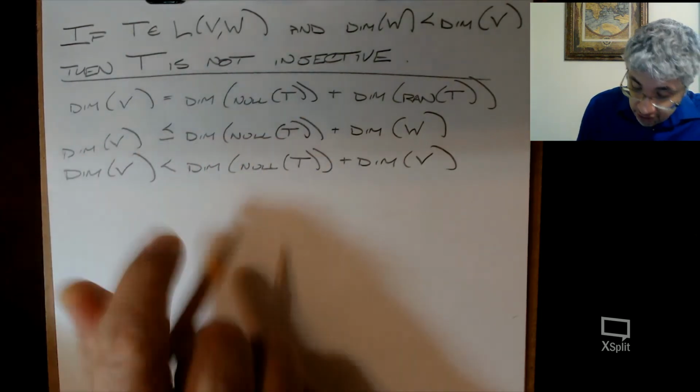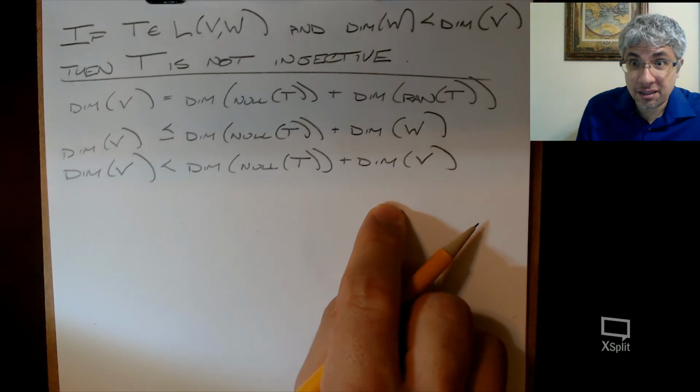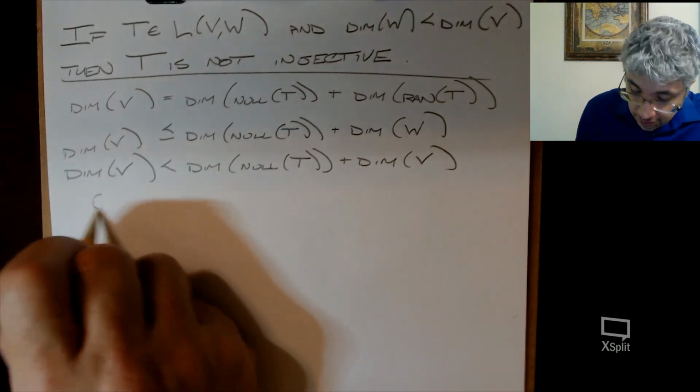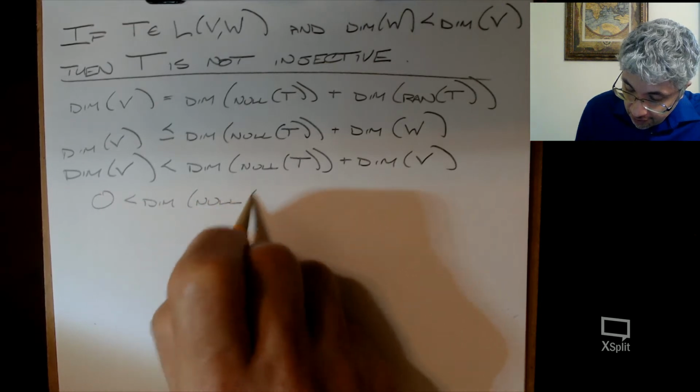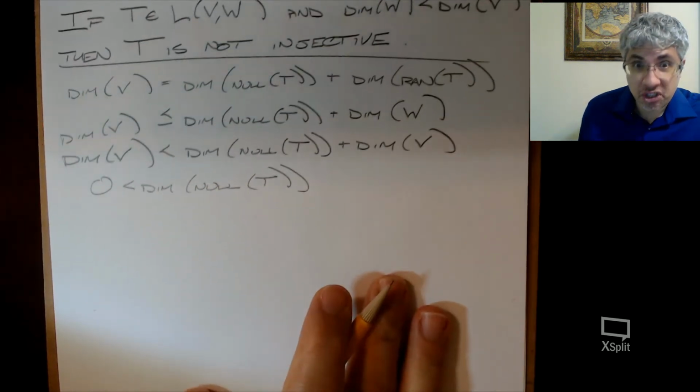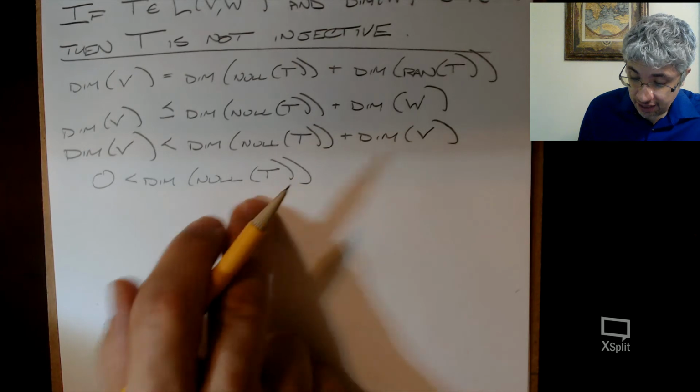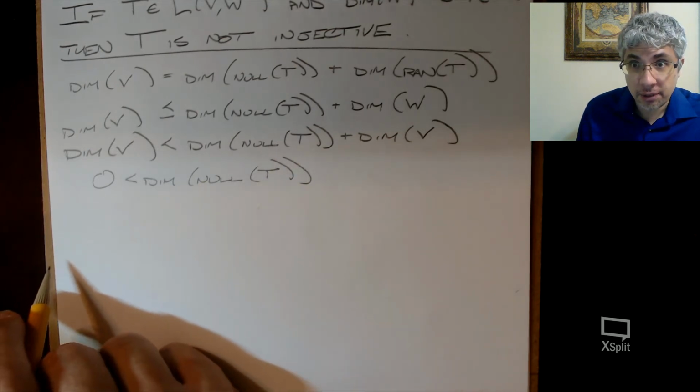So what could I do? Well, obviously subtract the dimension of V from both sides. And what do I have? I have that the dimension of the null space is bigger than 0.